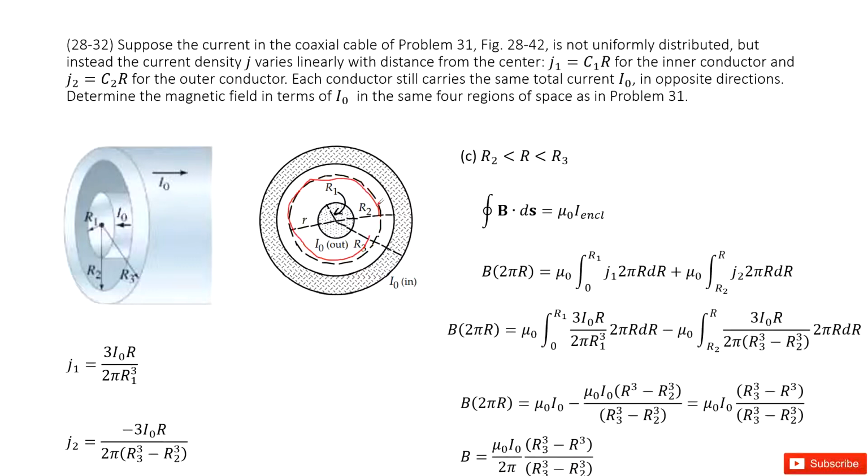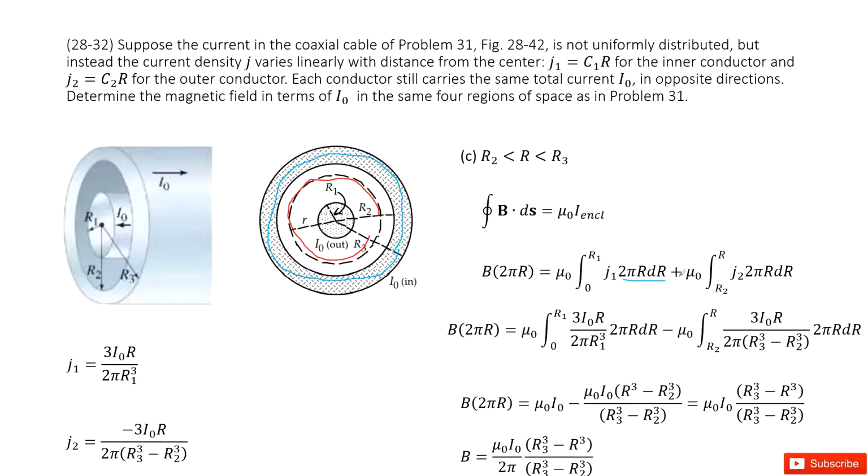The third one, we use the blue. It is r larger than R2 and smaller than R3, so we can draw the enclosed path like this, right? This is B times the enclosed path 2 pi r. The first current is the inner part, so J1 times 2 pi r dr, the cross-sectional area, integrated from 0 to R1.